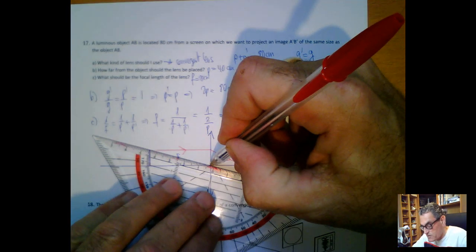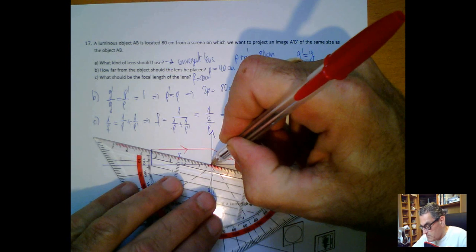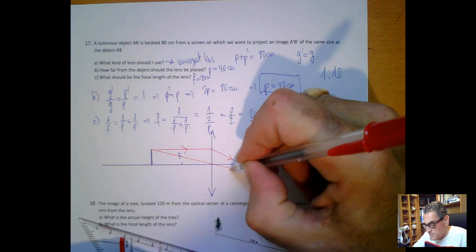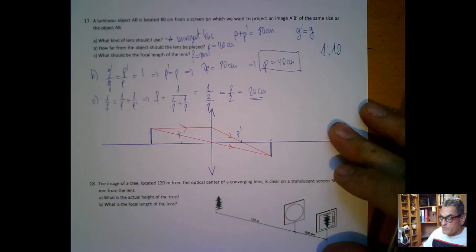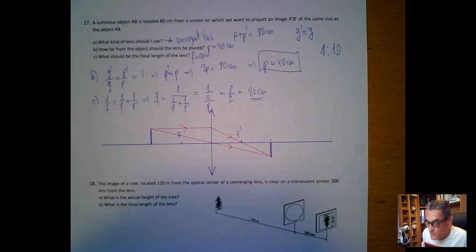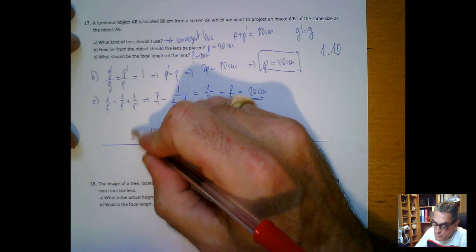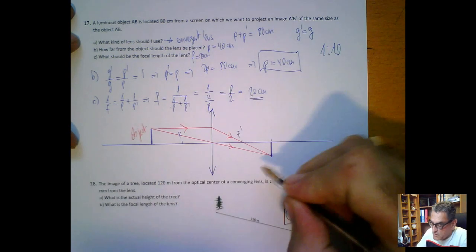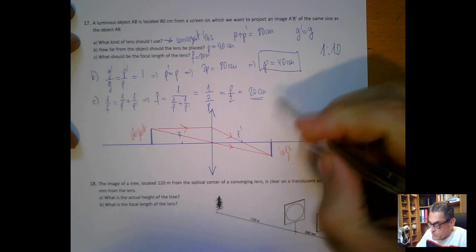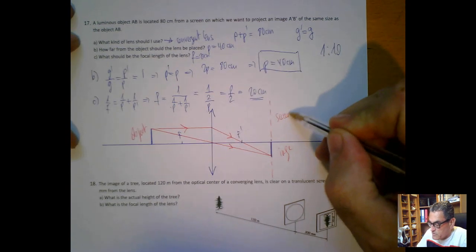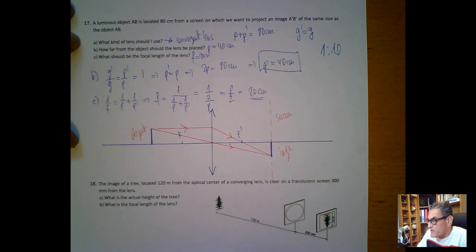Of course this is giving you an image with the same size which is inverted and at a distance from the lens which is equal to the distance from the object. So here this is the object and here this is the image, and the screen you should put it here.